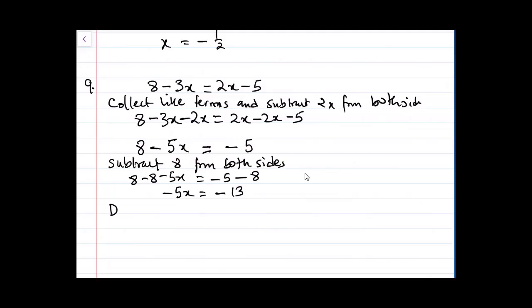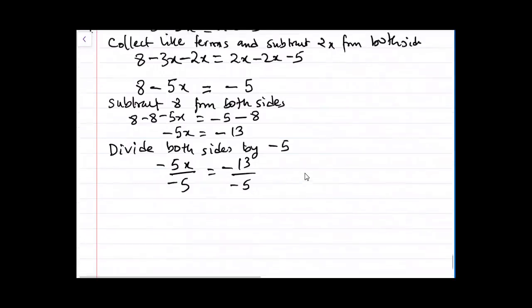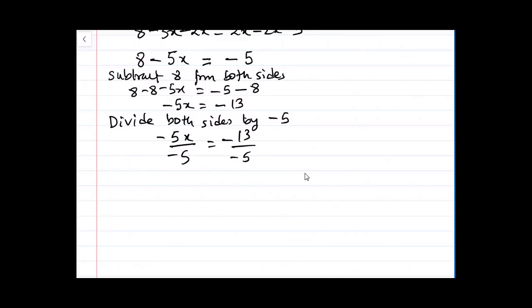So we're going to determine the variable by dividing both sides by minus 5. So we have minus 13 over minus 5. You can see the difference here is that on both sides we have negative.